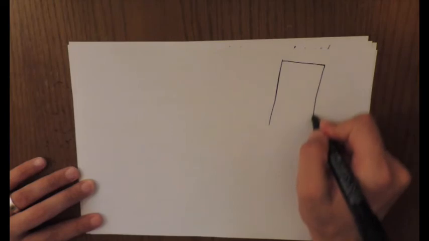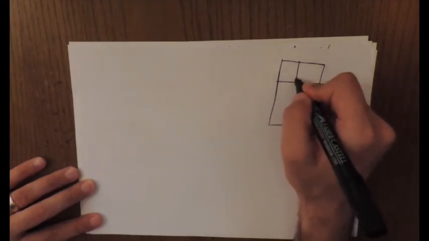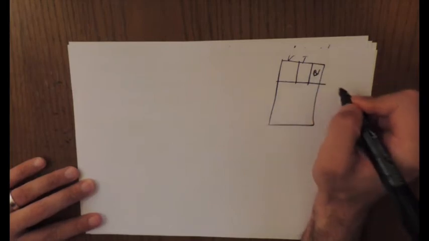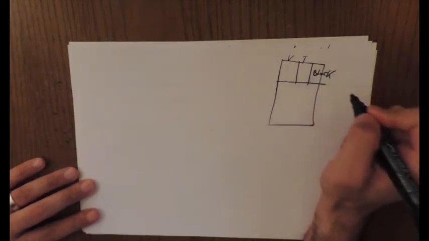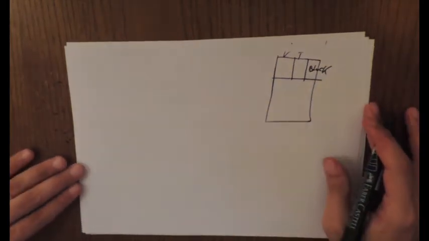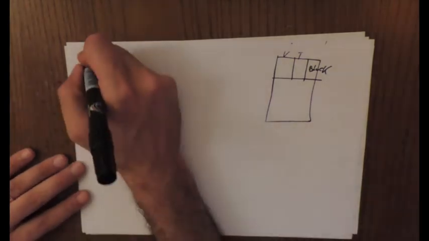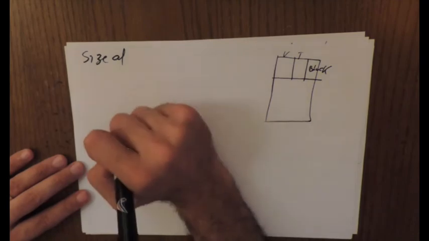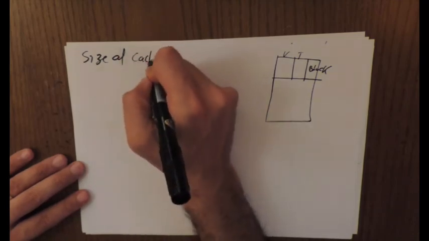I'm going to shift gears into calculating the size of a cache. So we remember that in the cache, we have some extra bits. We have valid bits, we have tag bits, and we have the block. Okay. So how can we compute the size of the cache?